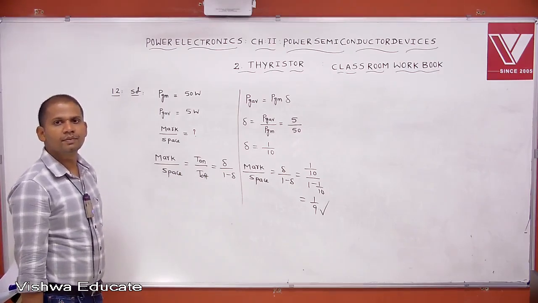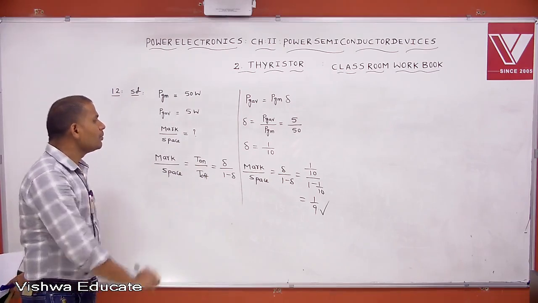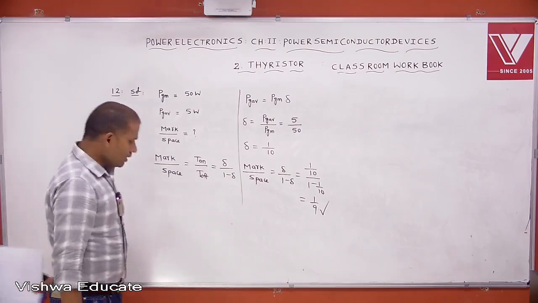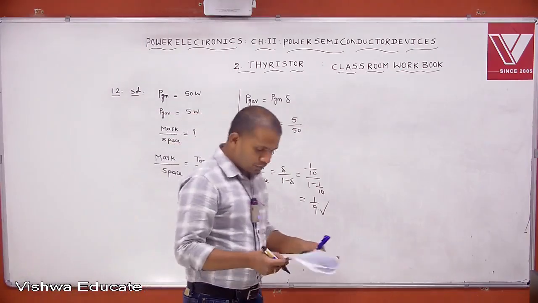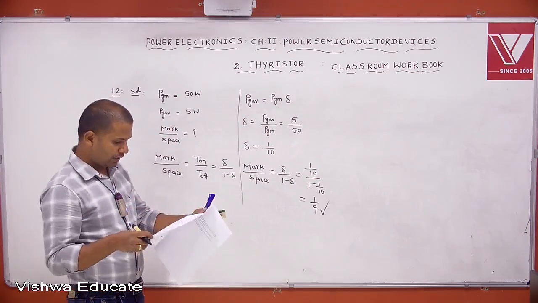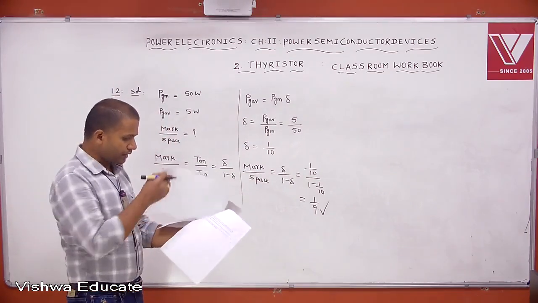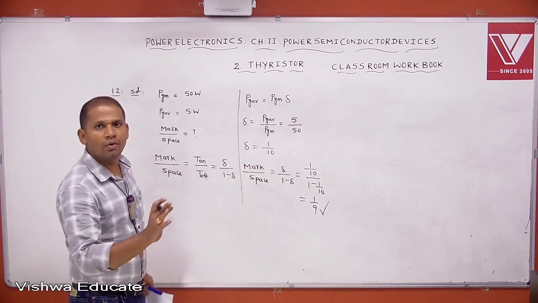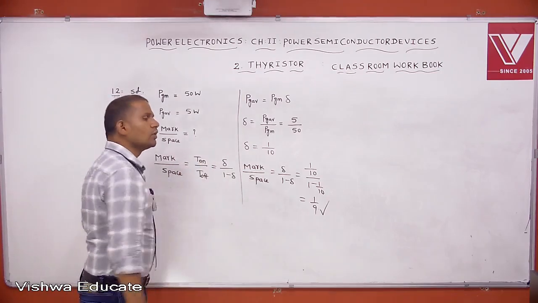Yes, clear? Okay. This is one model of question, how to calculate the mark to space ratio. This is a classroom workbook question based on topic 2 that you concentrated on. I solved nearly 12 questions so that you get an idea of how to apply the formulas to solve these problems.